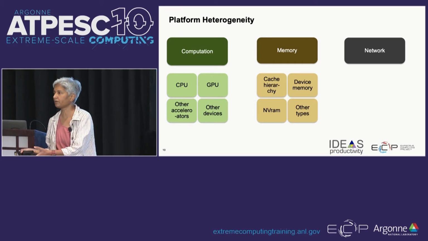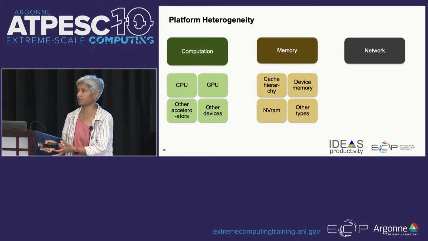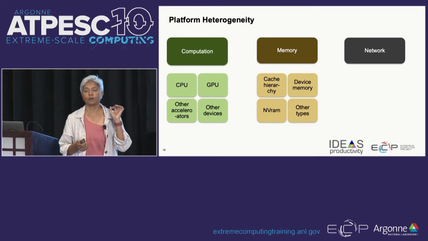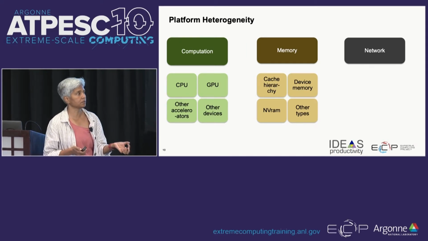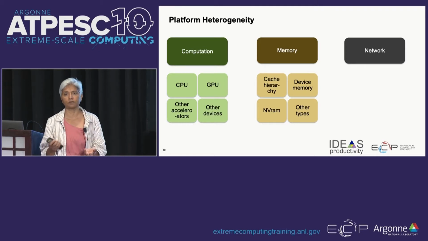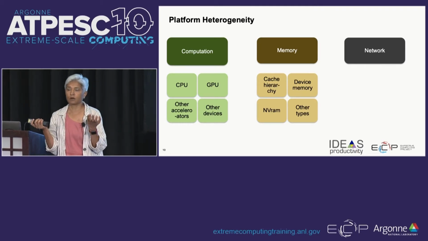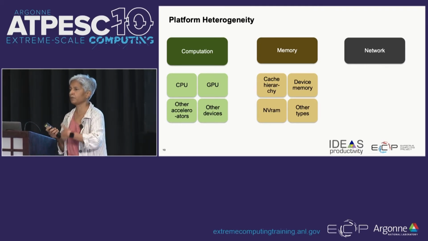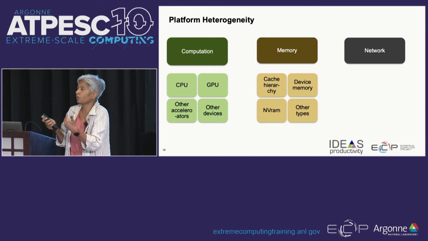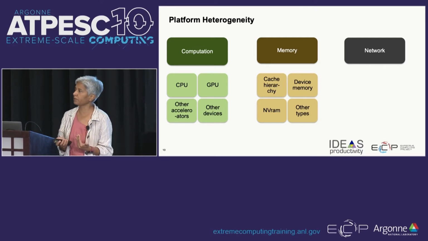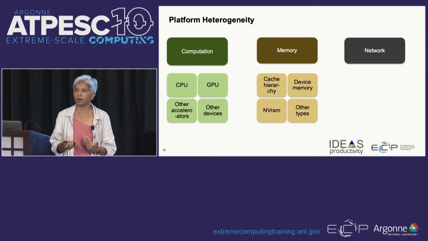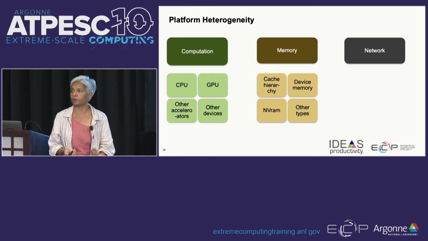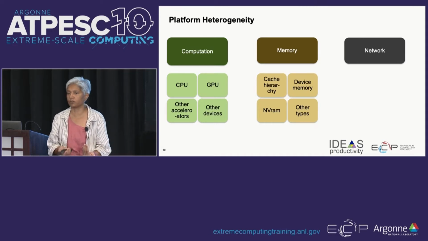On the GPU you have device memory, which may or may not have any kind of cache hierarchy; it may be completely flat. Within the node you may also have things like burst buffers and NVRAM that serve very specific purposes, or you could have some other type of memory, who knows again what's in the pipeline. For example, there is stacked memory in the pipeline and so on. Being in extreme computing, whatever hardware comes along and becomes available to you on the platforms, you will want to use it, in order to speed up your calculations and to be more efficient with your computations.